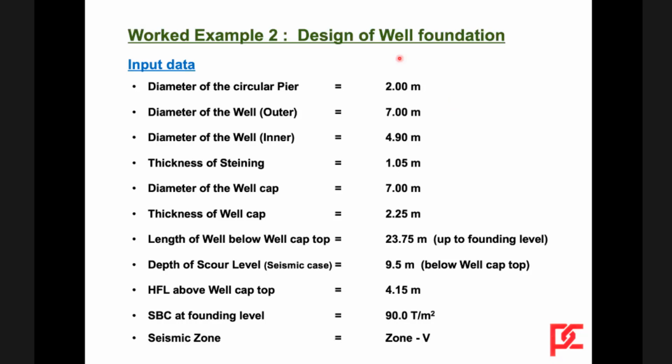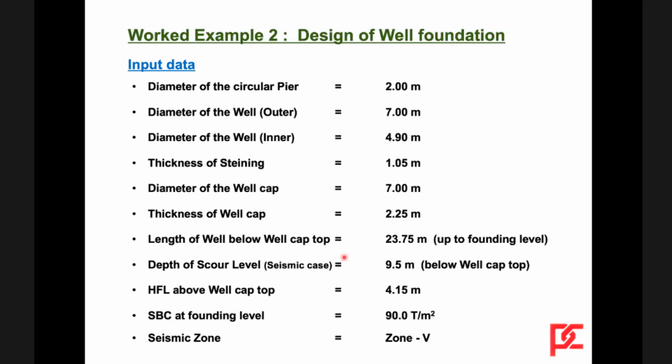We have used a circular pier here and a 7-meter dia well, with an inner diameter of the well of 4.9, steining thickness of 1.05, and well cap thickness of 2.25.